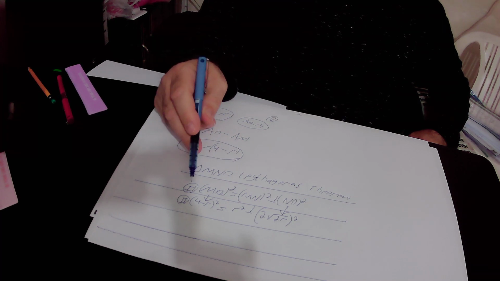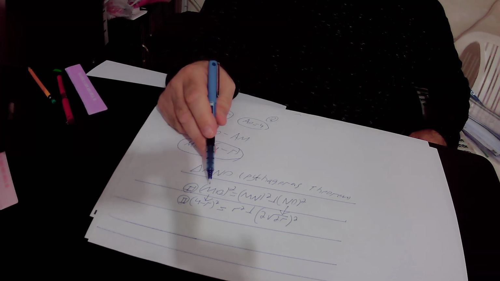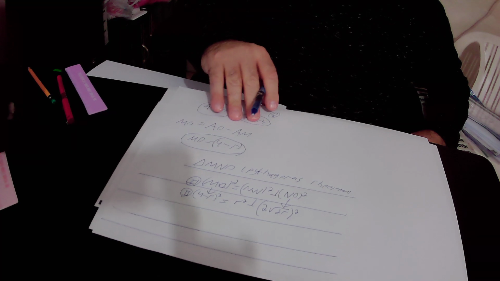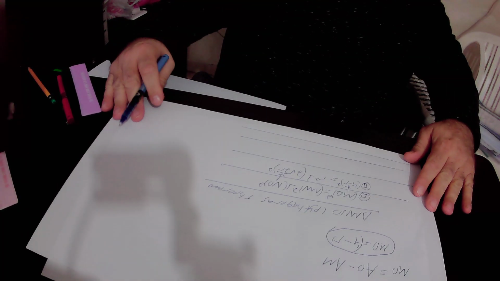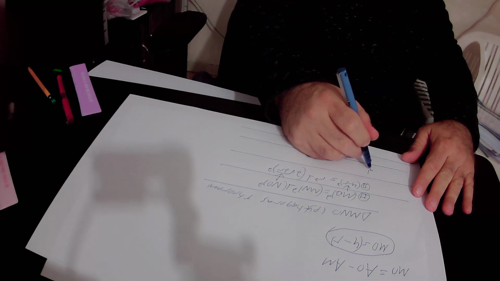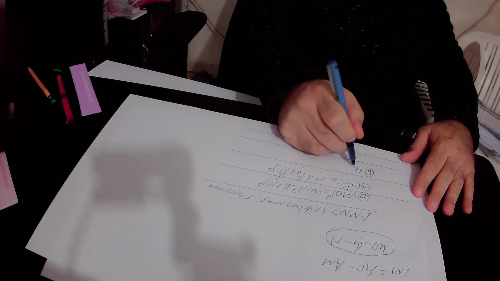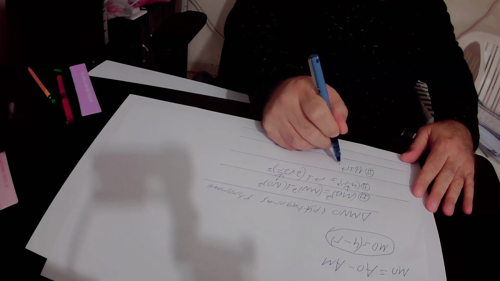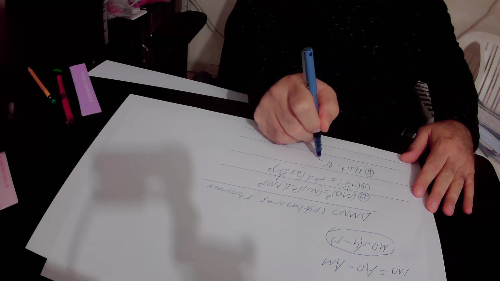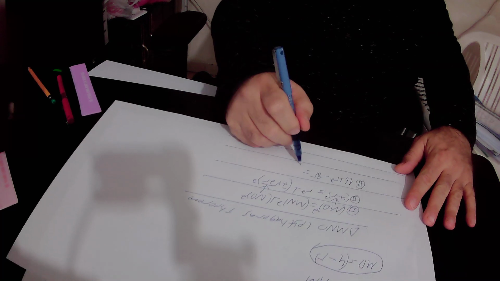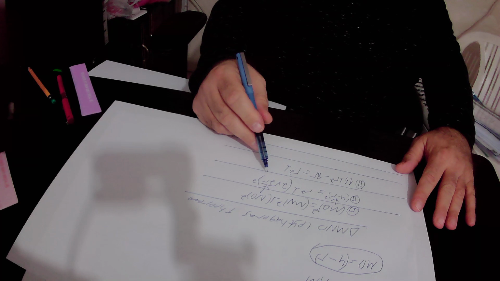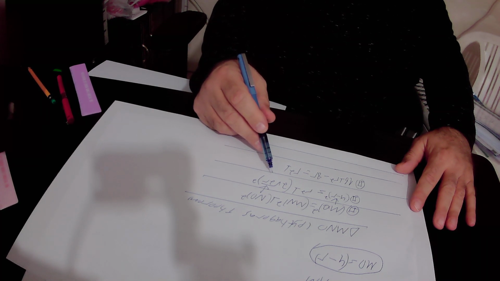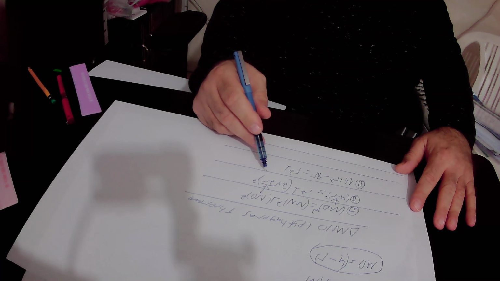Here we will open the brackets on both sides of equation number 2, and we will get that (4 minus R) squared is actually 16 plus r squared minus 8r, and it equals r squared plus the square of 2 times the square root of 2r.